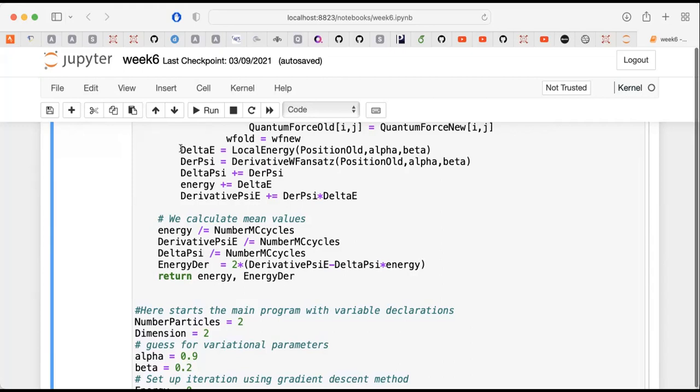But you would need to calculate these three integrals, and these are given by the functions which you see here. So for the derivative of the wave function ansatz, we calculate the integral for the derivative of the wave function. We have the local energy integral, which we have been evaluating. So this term which you see here is what we have from before.